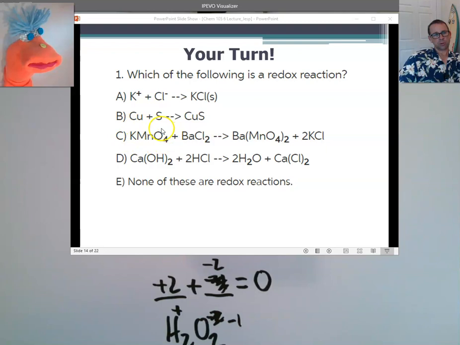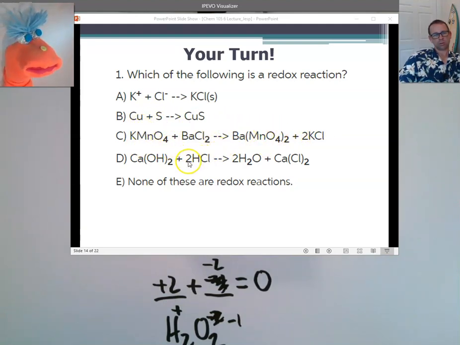Now, you can see that this one here, this reaction C, well, can you tell what kind of reaction it is? It looks like the old stuff. Potassium ion there, potassium ion over on the right, barium on the left, barium on the right. Very good, exactly. So this is a metathesis reaction, right? Permanganate, permanganate, barium, barium.